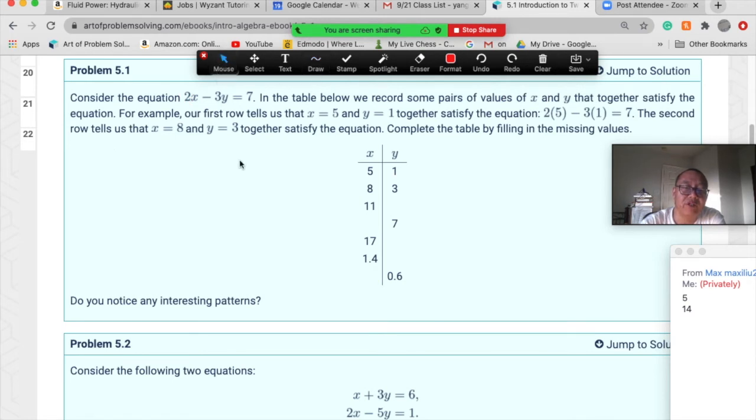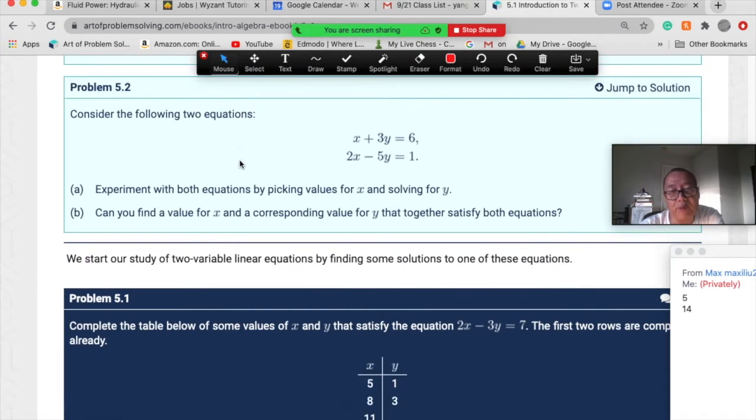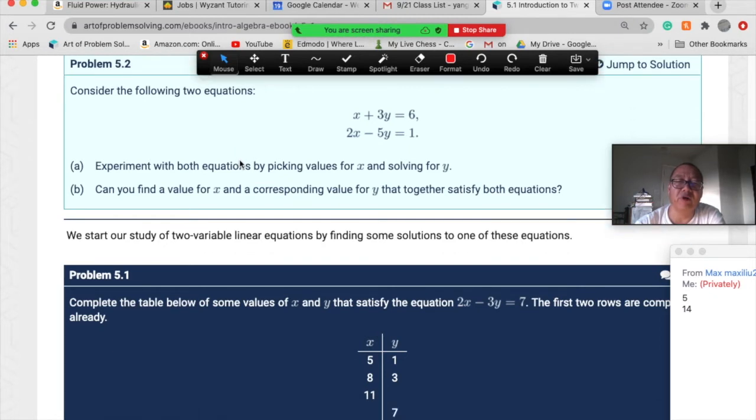Now let's go to the next one. So from the first problem, we already know if you try to solve an equation with 2 variables, you need 2 equations. One is not enough. If you solve it, you always get an infinite number of solutions. Now let's say here, they give you another equation.